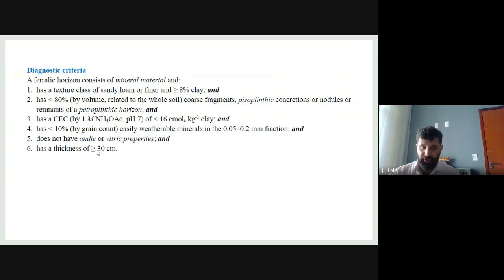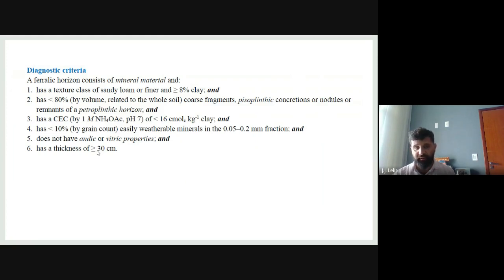As we can see, it should be very thick when we compare with other horizons, like the spodic horizon that we saw. It's just 2.5 of thickness, and here it's 30. So it's a lot. It should be very thick to identify a ferralic horizon.